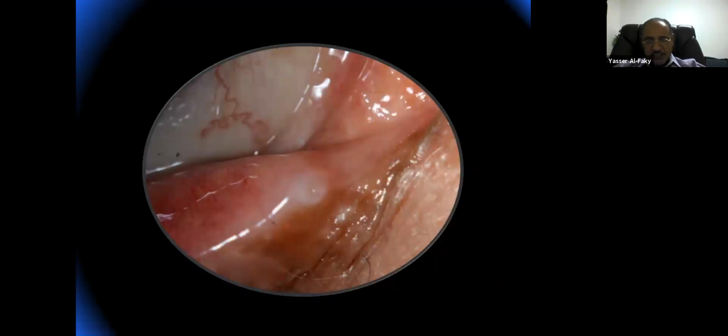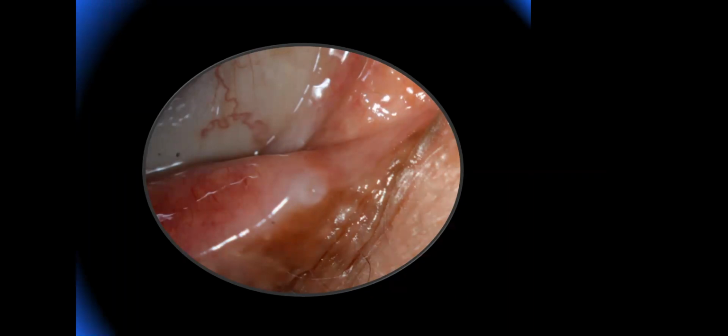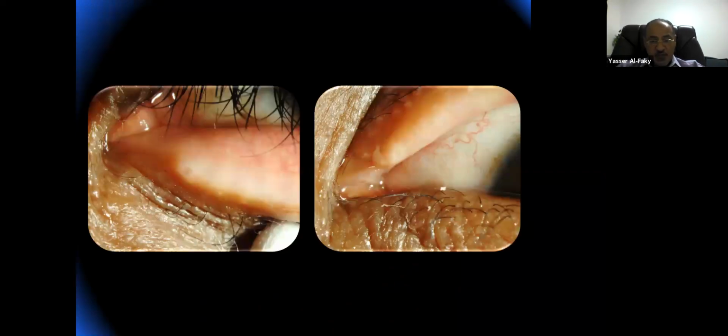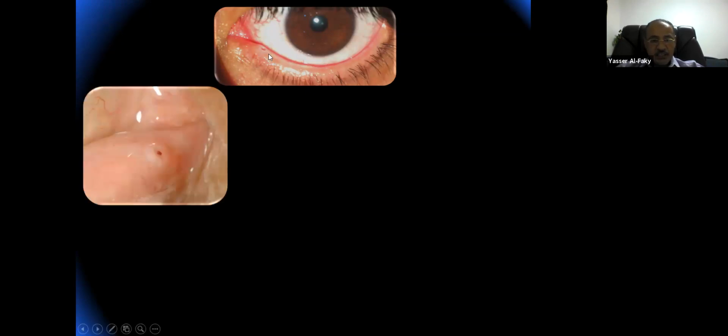We'll make it easier. What is the diagnosis here? The punctum looks stenosed or even occluded. Okay, so this is a punctal phimosis or punctal stenosis. Actually, we divide the punctal phimosis or punctal stenosis into grades. So this is a normal punctum here, might be slightly dilated.